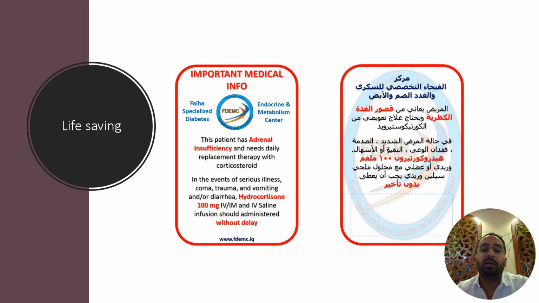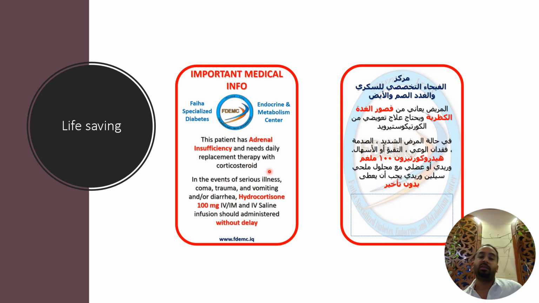Usually we give the patient the card written in both Arabic and English, that gives, as you can see here, a detailed description of the disease and diagnosis, and important manifestations of severe conditions, like in the event of severe illness, coma, trauma, vomiting, diarrhea. And we also give the prescription of the emergency treatment that should be given to the patient without delay in the presence of these conditions: hydrocortisone 100 milligram and IV saline.